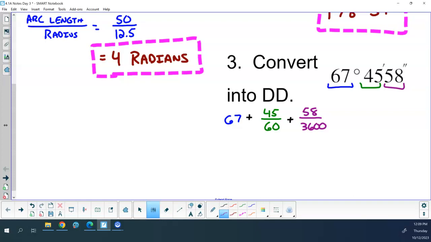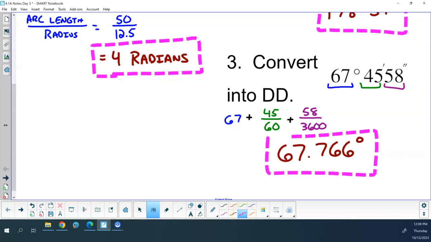A minute is a 60th of a degree, and a second is a 3,600th of a degree. When we add all those up and we round to 3 decimal places, I get 67.766 degrees. Questions, comments, concerns, clarifications?